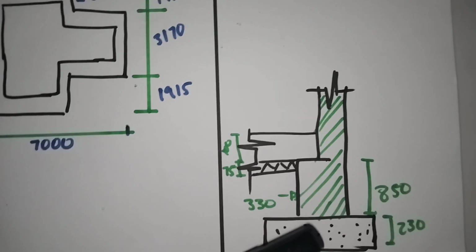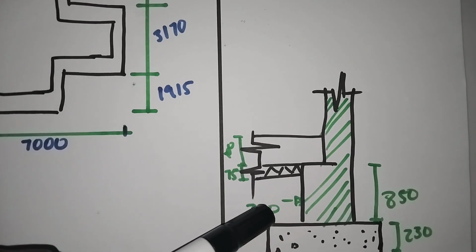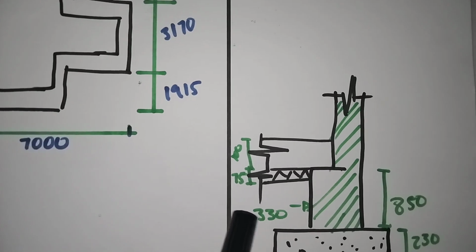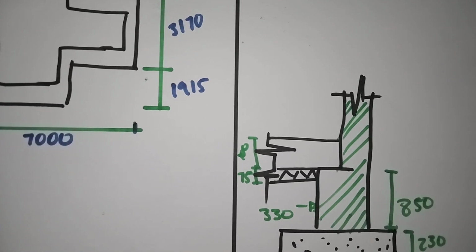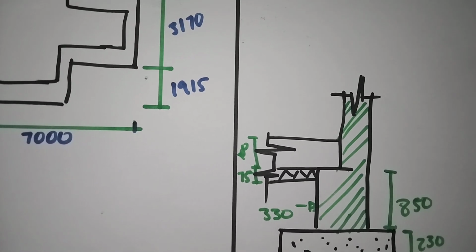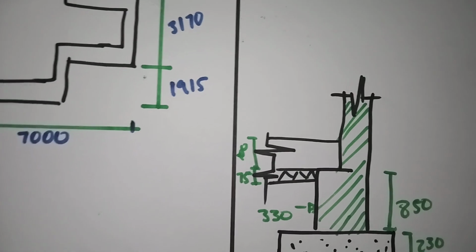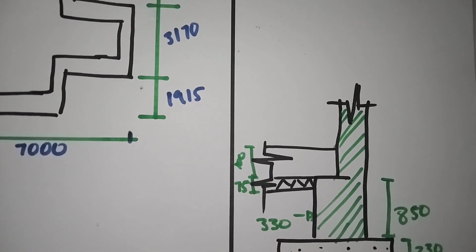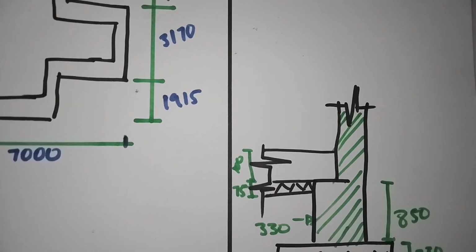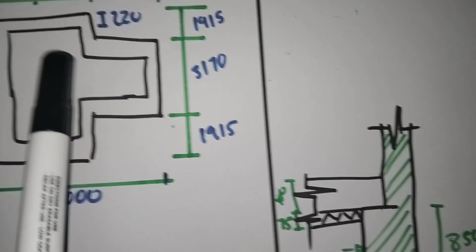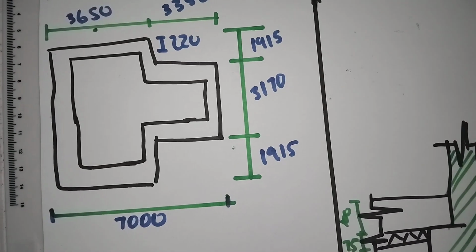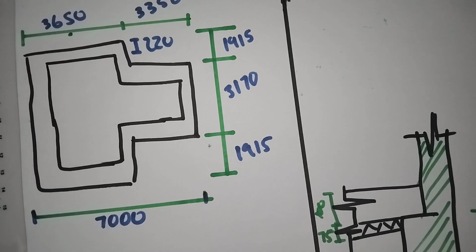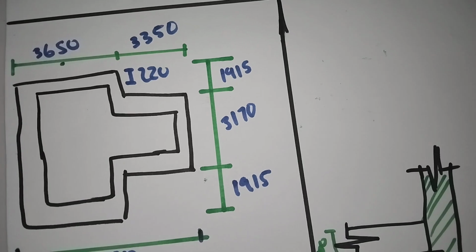However, we have this other drawing, and the wall here is 330. When you're going to take off, you use this 330. You have to check how your foundation wall, or your brick wall, is. So if it's 220, yes, you're gonna use measurements of 220 when you are doing the center line, right? And then when you are given 330, you will use 330, and so on and so on. So this is what I wanted to highlight.